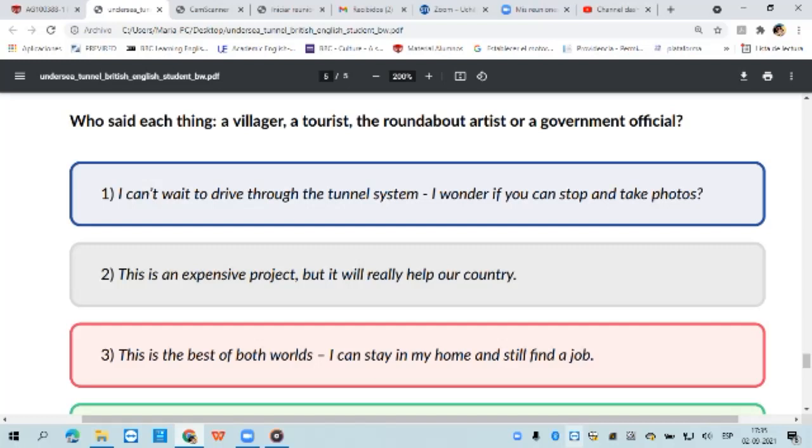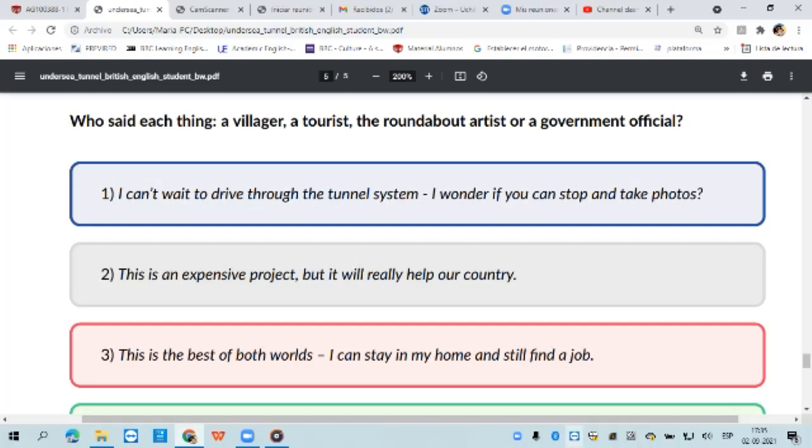A tourist. Why? Because it is a tourist's opinion, because he says, I wonder if you can stop and take a photo.